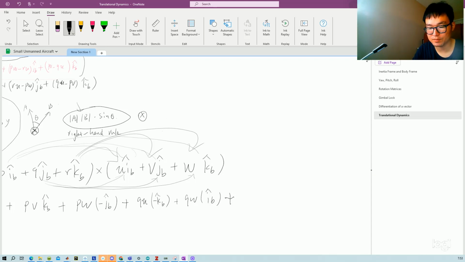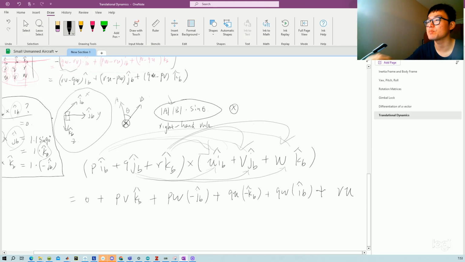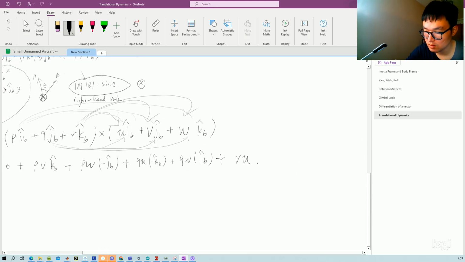That is R U, KB cross product with IB gives you JB, so that is JB hat, and then KB and KB itself is 0.